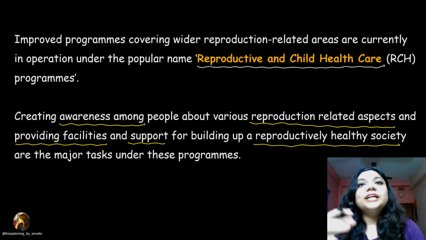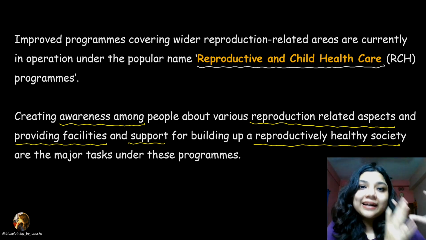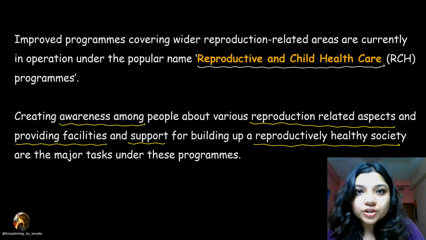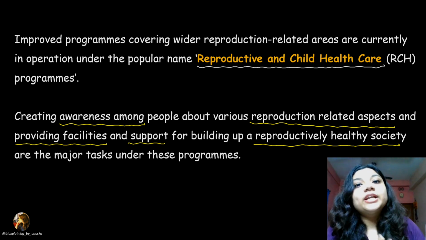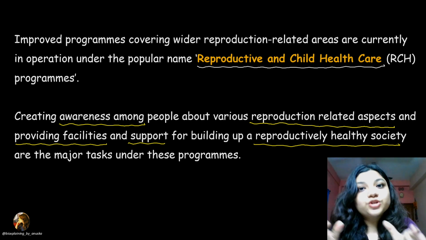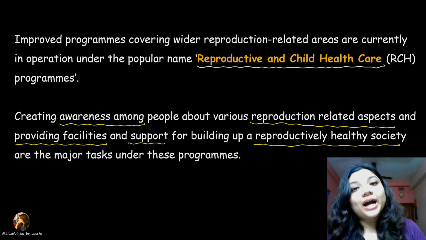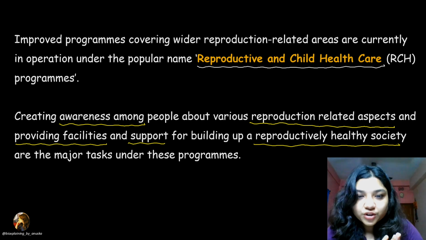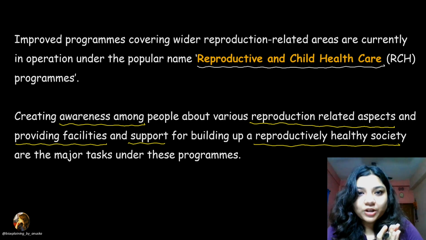So in different villages, there are health centers where people will come and provide information on what to do when a woman is pregnant, what kind of steps to take before childbirth, what to do after the child is born, what kind of care needs to be taken, breastfeeding related information, then how many children you can have, that related information, right?